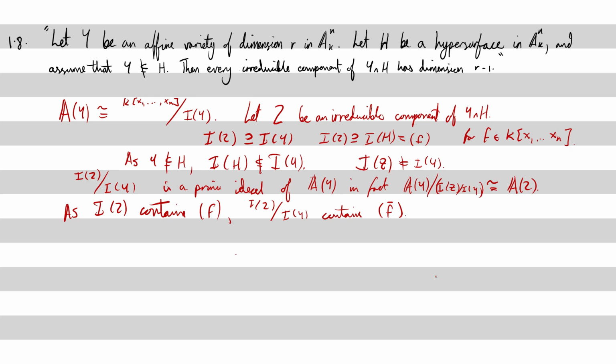Now, suppose for a contradiction that I of Z over I of Y would contain some prime ideal p containing f.